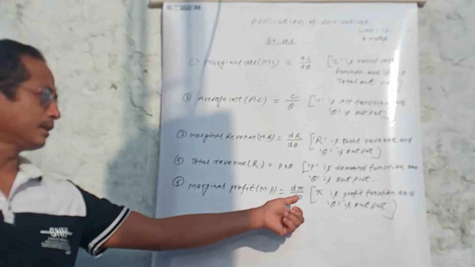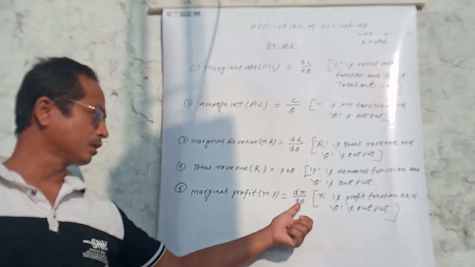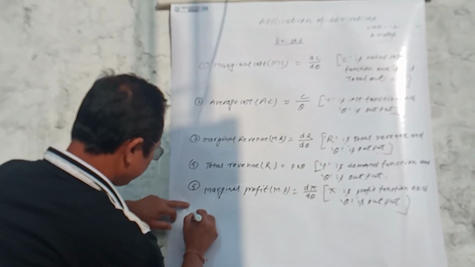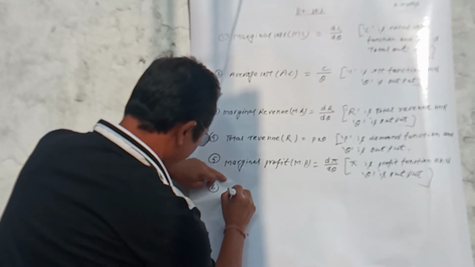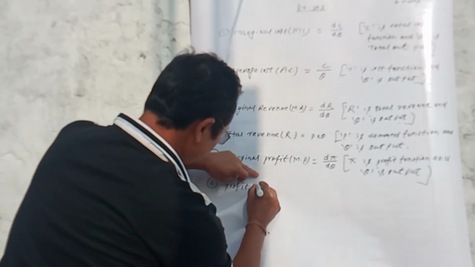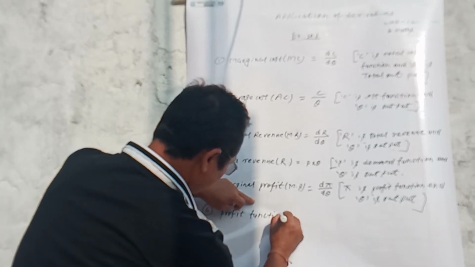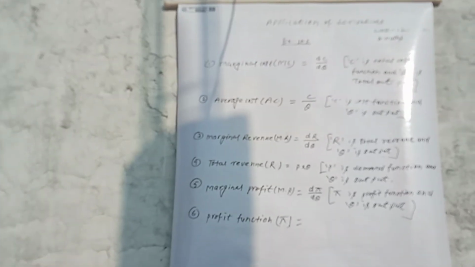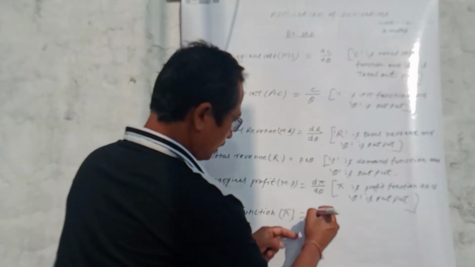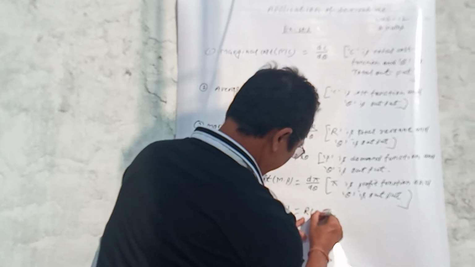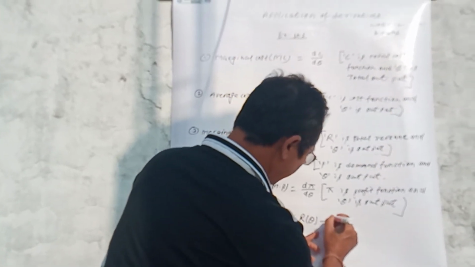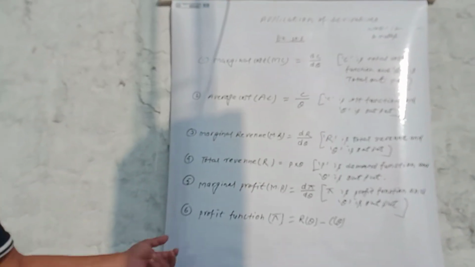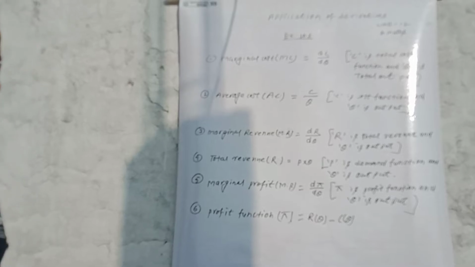The profit function is denoted by pi. It is total revenue minus total cost function, that is the profit function.